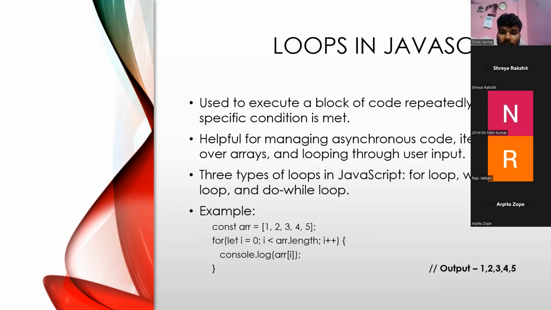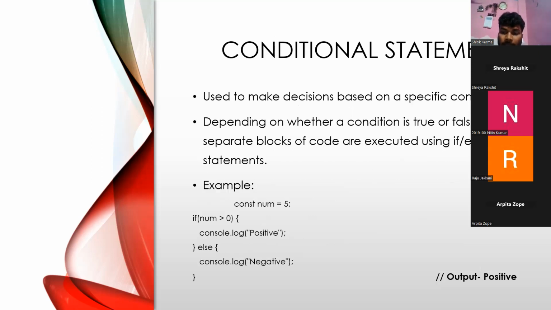So here is an example. We have an array. If we want to print all the elements of an array, we have to perform the iteration. So it will print all the elements one by one. We have used the for loop, and with the help of the for loop, we can easily print the elements of an array.